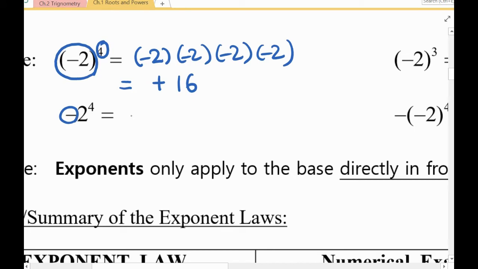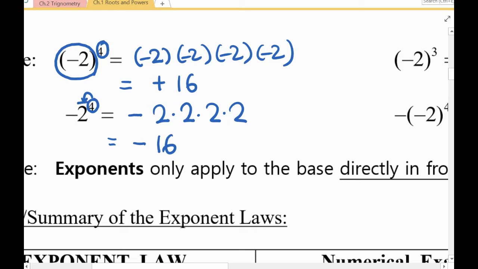So leave the negative sign in front of the number, and you repeat multiplying 2 4 times. Then that becomes -16. Again, this is really important: exponents only apply to the base directly in front of it.